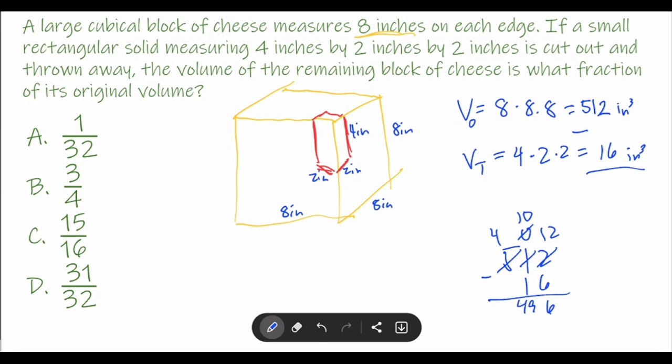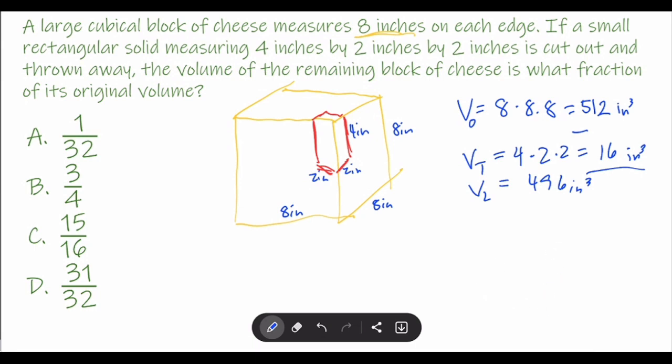So the volume that is left, we'll name it V sub L, since it's what's left or remaining, is 496 cubic inches. No dimension is given because we had just computed it.